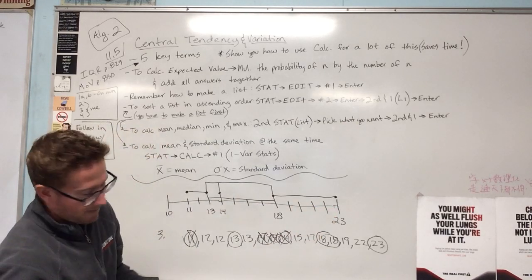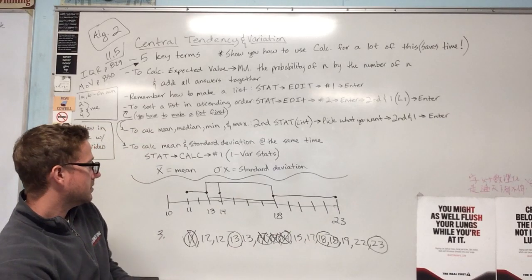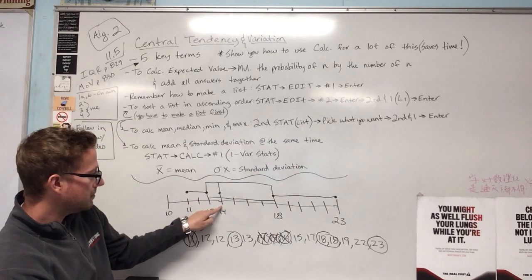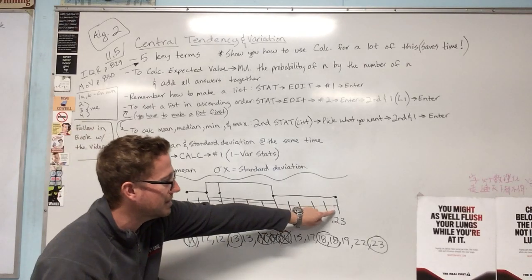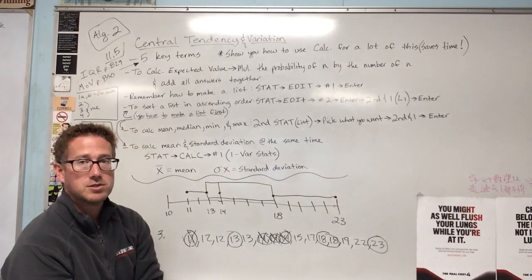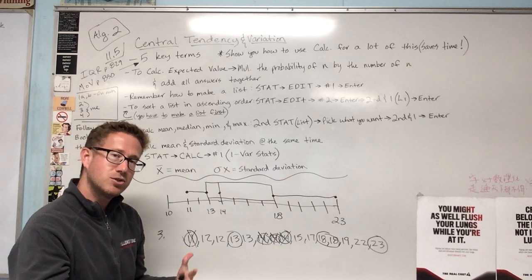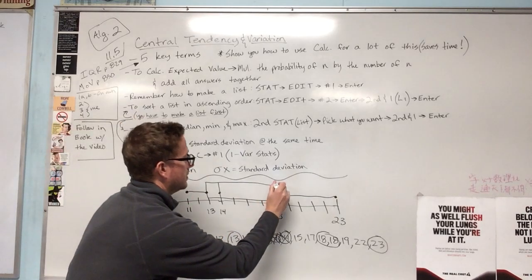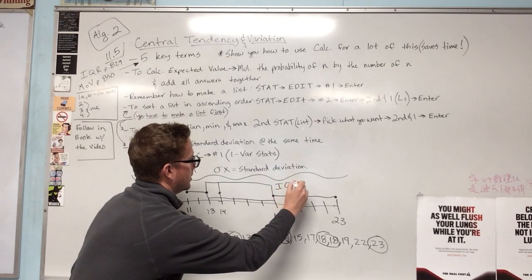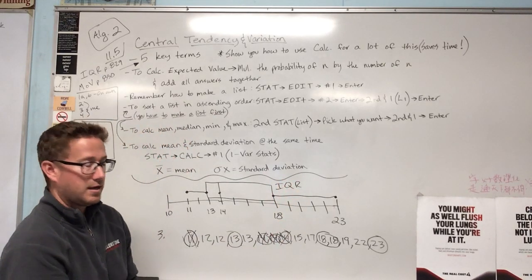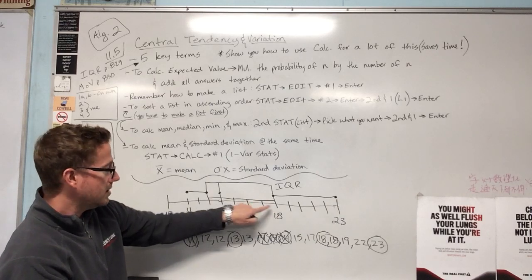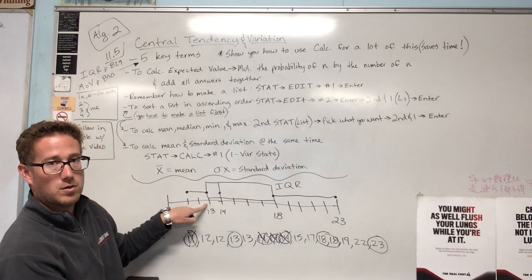Okay? Now, we're almost done with this. We have the minimum, we have the lower quartile, we have the median, the upper quartile, and the maximum. And the final question they ask us in this is, what is the interquartile range? All right, the interquartile range. You get that by taking the upper quartile minus the lower quartile.